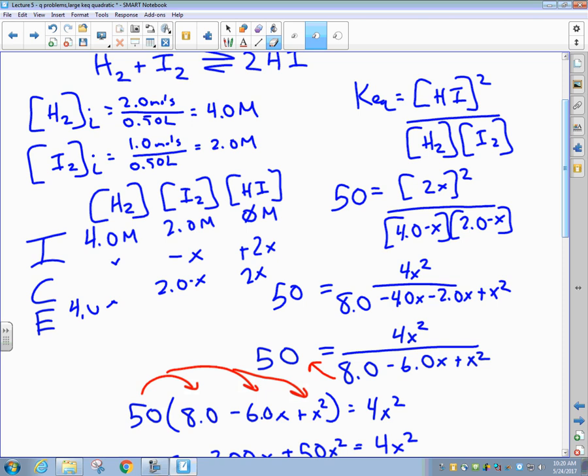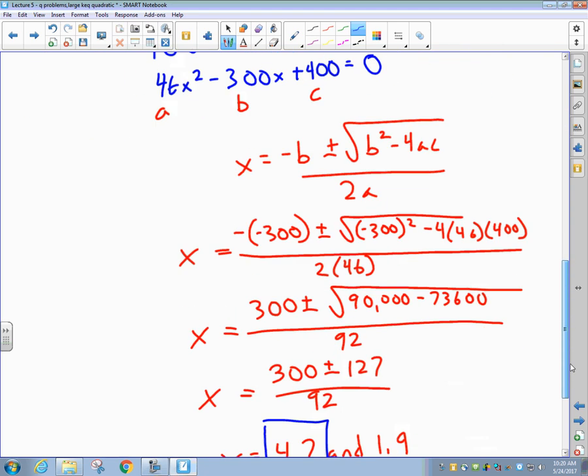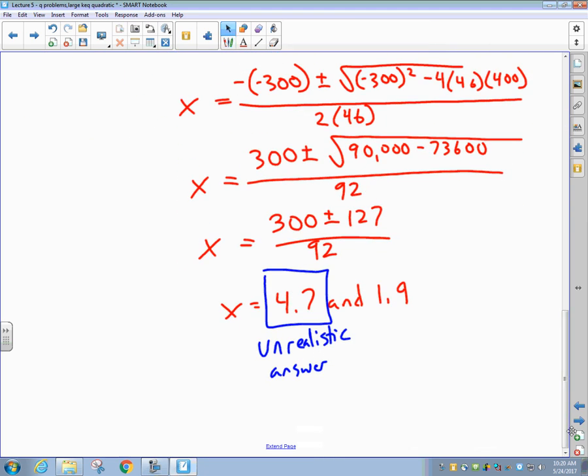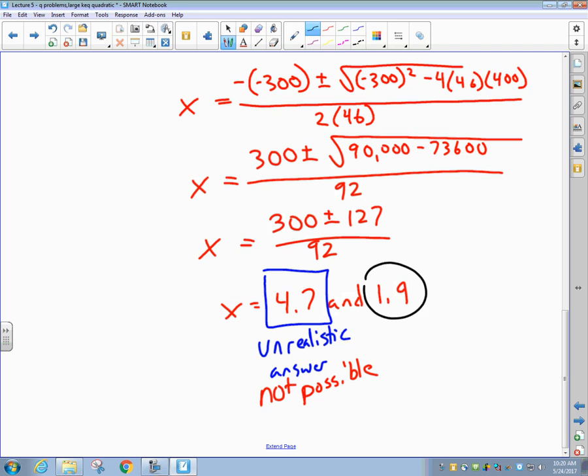Therefore, we cannot have that as our number there. So that eliminates this one. This one is not possible. So we're left with just an answer of 1.9 as our x value there.